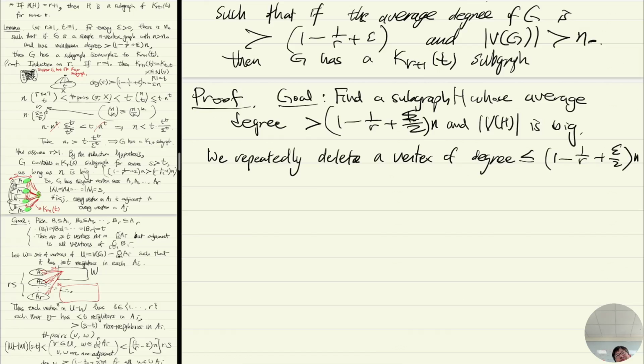Now we keep repeating, keep deleting those vertices. Eventually the process must stop because the graph is finite. You cannot delete forever.